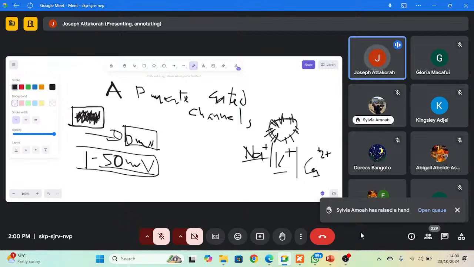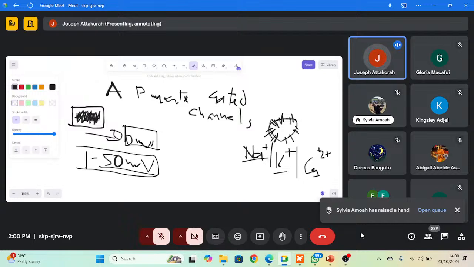When there's an increase in the energy, what happens is that these gated channels will be open because we have gotten energy, and there should be what? Contraction. So this is how the electrophysiology now starts. They have gotten energy. This is how it starts.